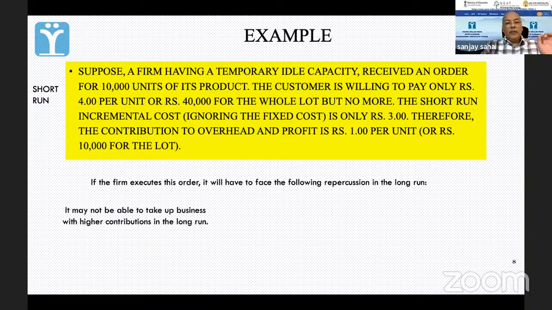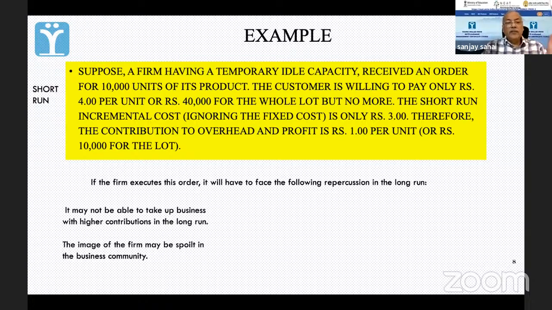Now, the firm may not be able to take up business with higher profit margins or contributions in the long run. Going forward, if they try to go for a high profit margin as they used to, they're going to find it difficult to find buyers, because buyers will look back at the deal they gave to this particular buyer.